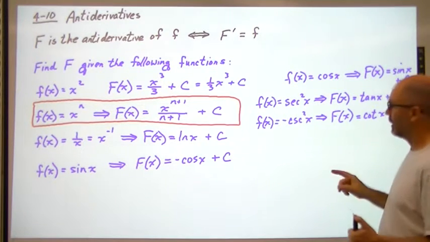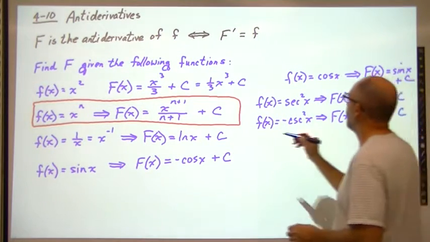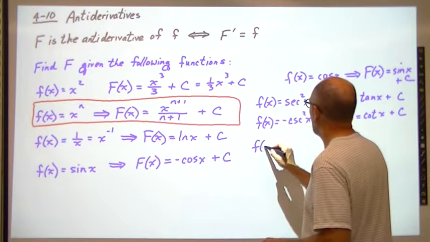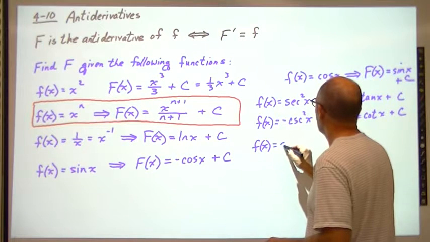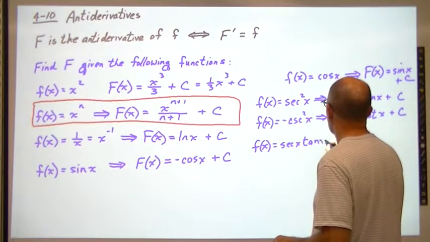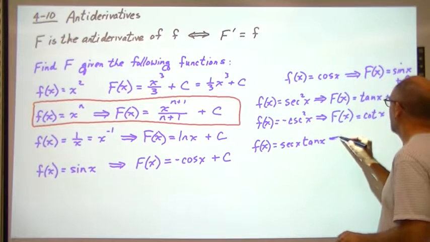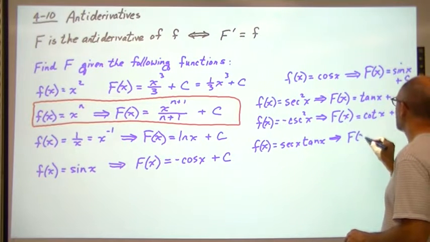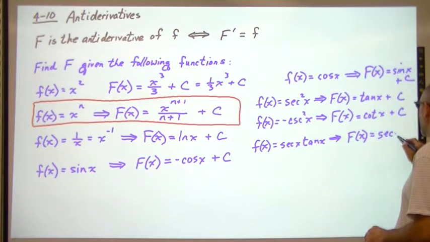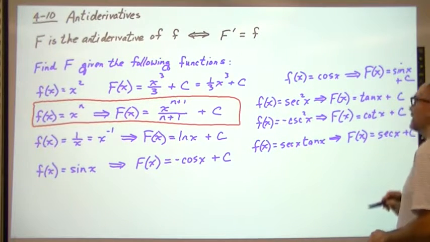We will later on. Now, what if the original function is secant tangent? Then that means my antiderivative has to be secant x plus c.